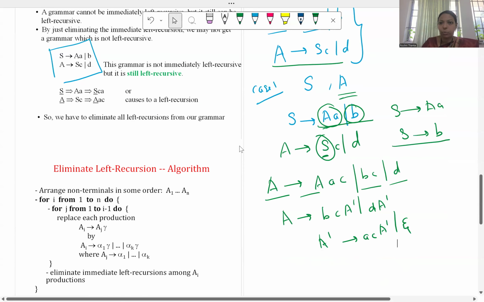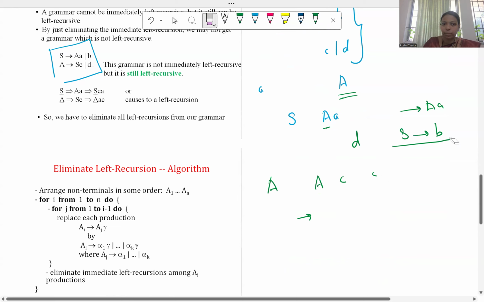Let me give you one more example so that it will be clear for you. Let me remove this and take one more example and explain so that it will be a little more clear.